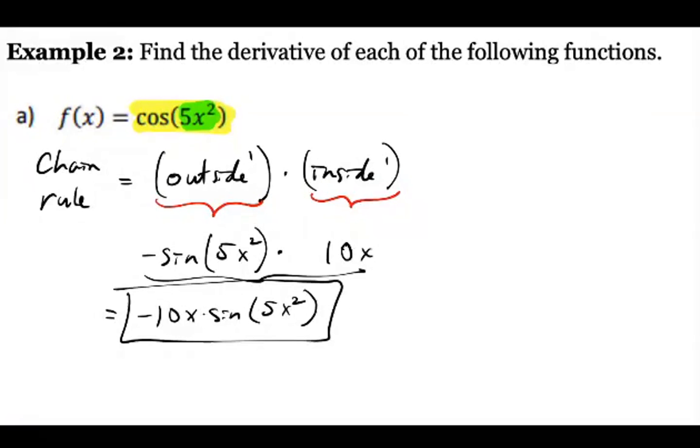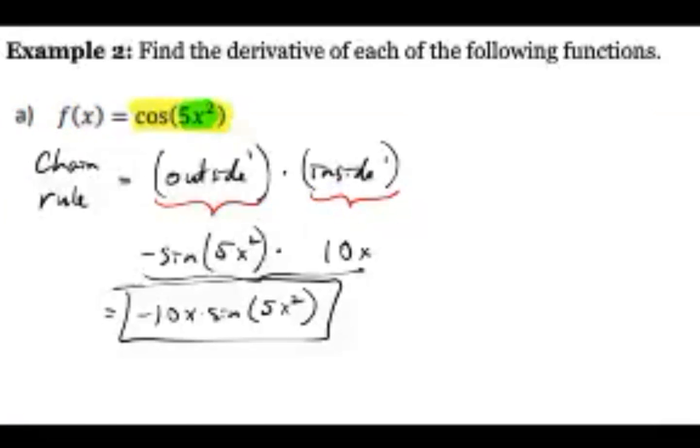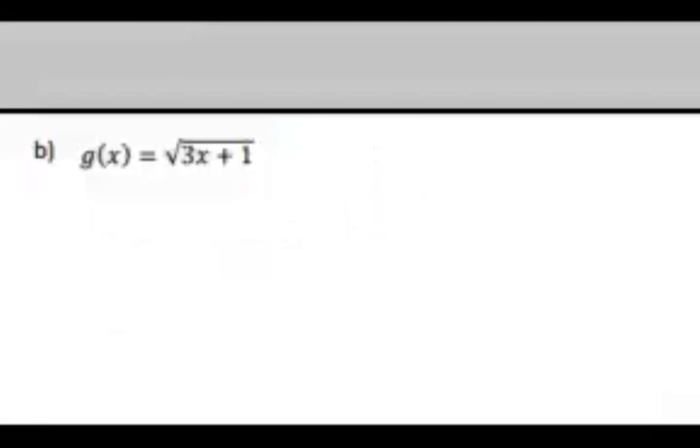Everything else stays the same. When I'm looking at the inside, I'm looking at what's just green. That's just 5x squared. That's why I didn't care about 5x squared on the outside, because I'm going to handle that later. I'm going to find the derivative later. So that's why I didn't do that. Okay. All right, let's look at the next one.